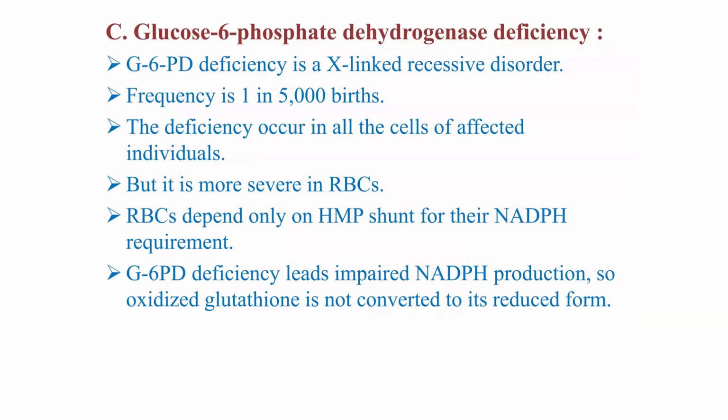Therefore, glucose 6-phosphate dehydrogenase deficiency leads to impaired NADPH production, so oxidized glutathione is not converted into its reduced form. As a result, there will be oxidative stress, which affects the membrane of the red blood cells, and that leads to anemia.